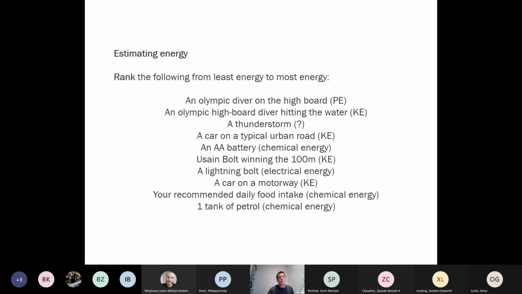Okay, I think what I want to finish on, and maybe an example for people to take away and think about, and then we'll start with this at the beginning of next time, is this question about estimating energy.